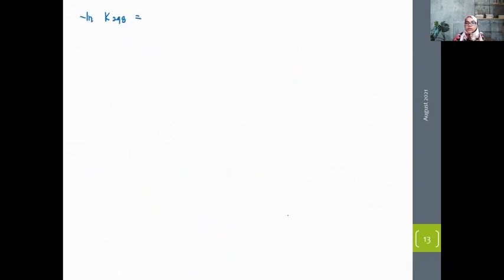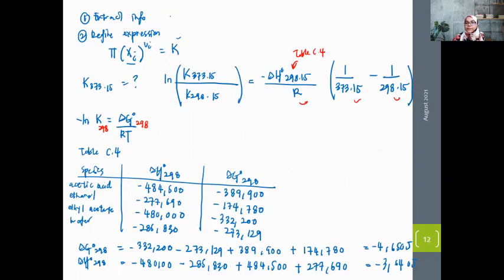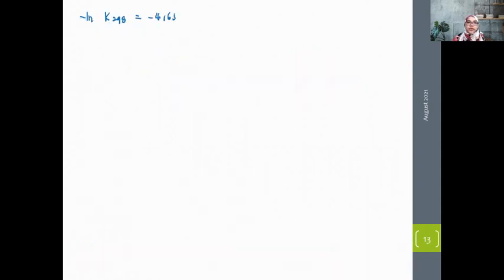the value is minus 4,650 joule over 8.314 joule per mole K, and then we have 298 Kelvin.